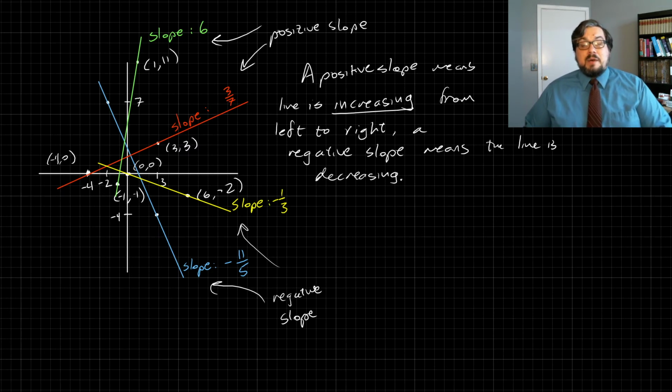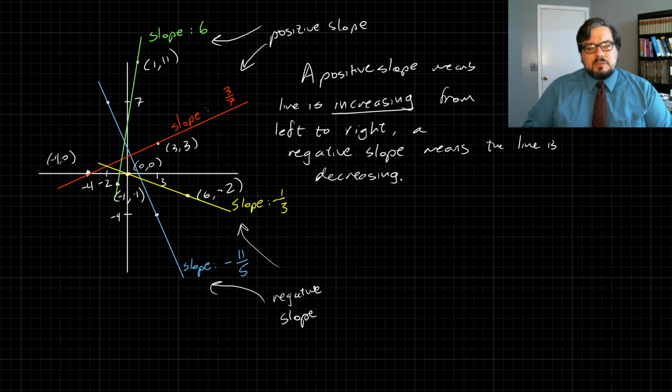However, the blue line with a slope of -11/5 is definitely steeper than the yellow line with a slope of -1/3. So to say whether a line is steeper or less steep than another one depends not only on which one of the two values is greater, but on how big they are.